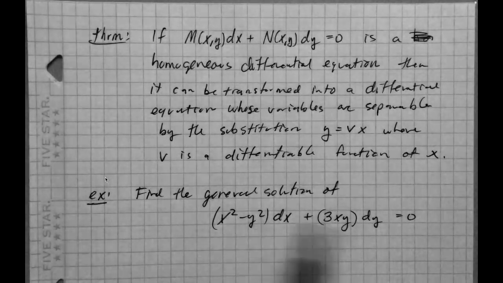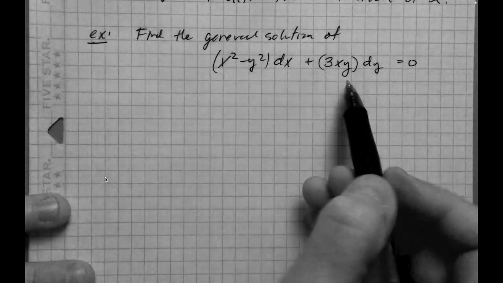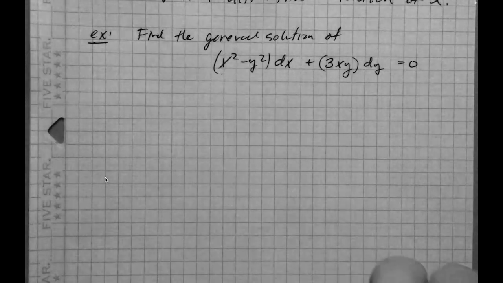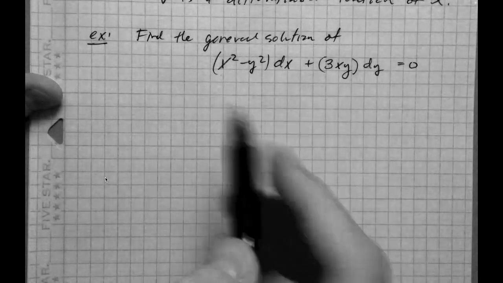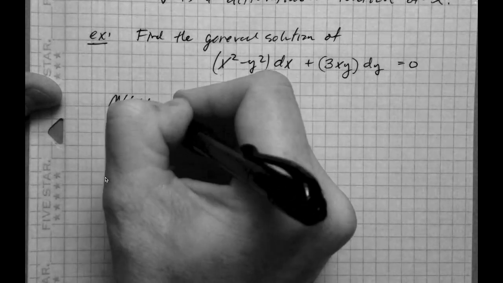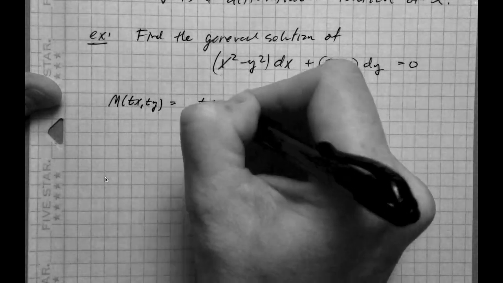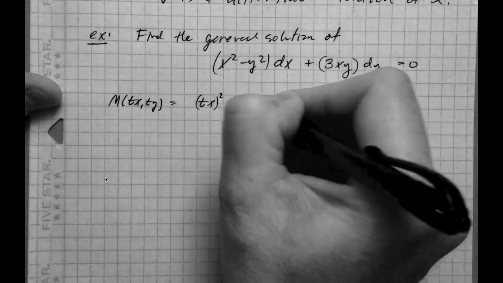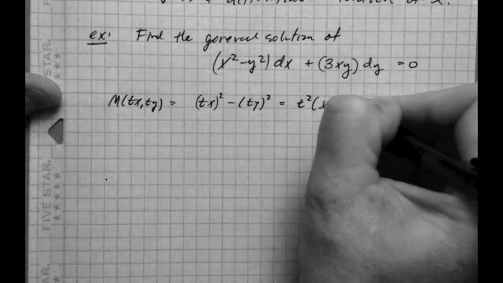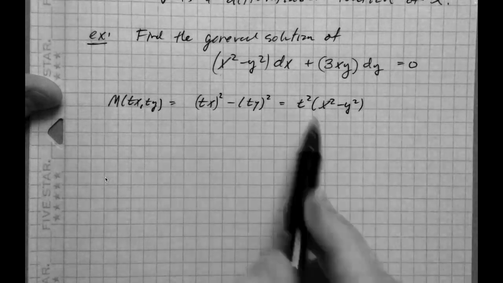Okay, so we'll just say that this is our m of xy and this is our n of xy. We need to confirm that they're both homogeneous and of the same degree. And so let's do that. So m of tx, ty is tx squared minus ty squared, which is t squared times x squared minus y squared, right? So you can see that.